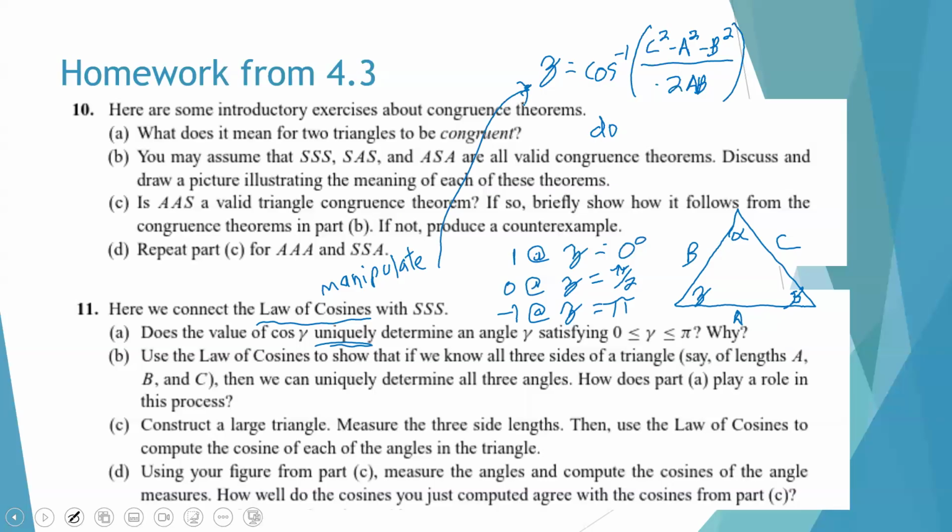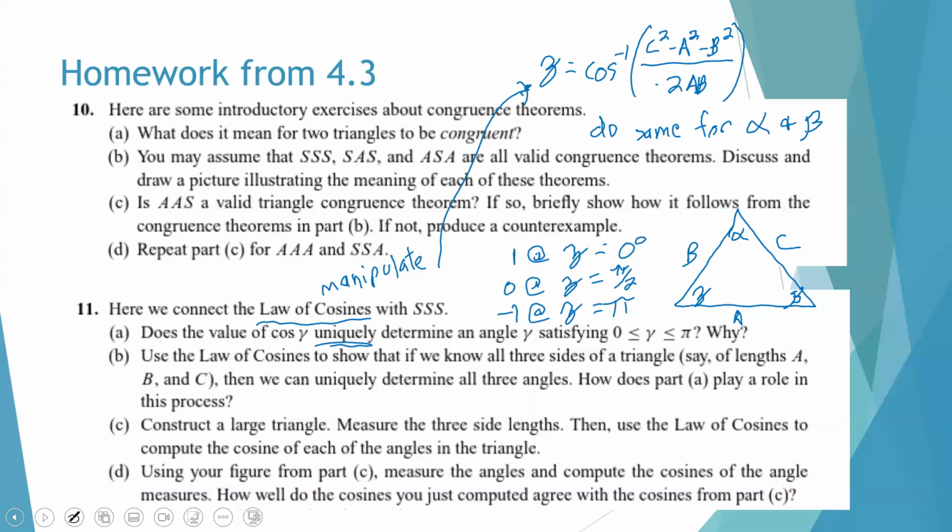And then do the same for alpha and beta, right? And you'd actually have those angles written in terms of your sides A, B, C, and cosine. And then that's B.